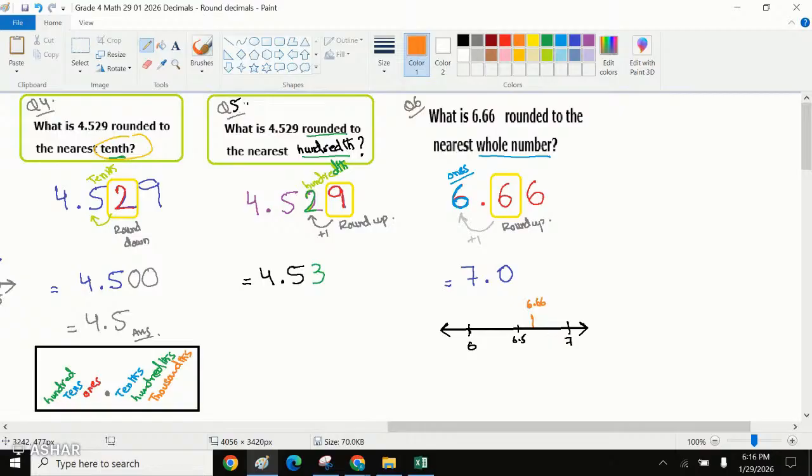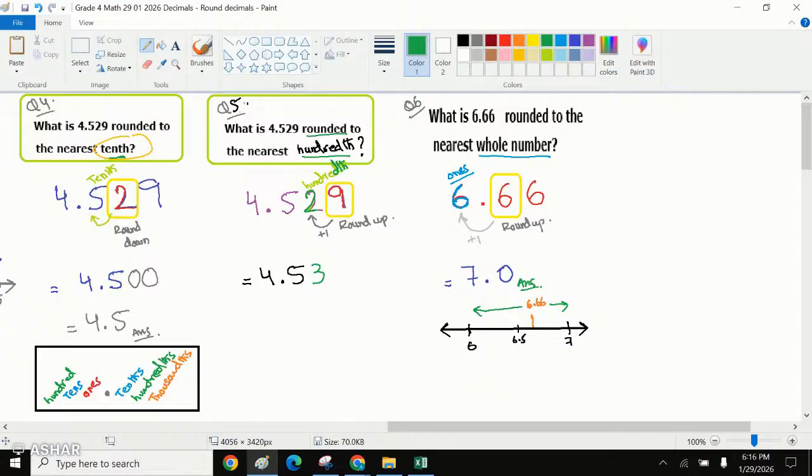Is it nearer to 6 or is it nearer to 7? So 6.66 was nearer to 7, right? That means it equals 7.